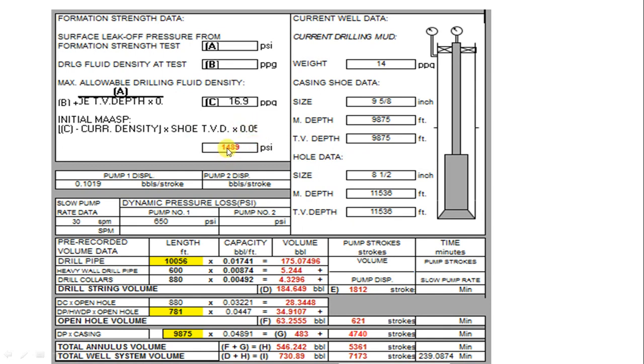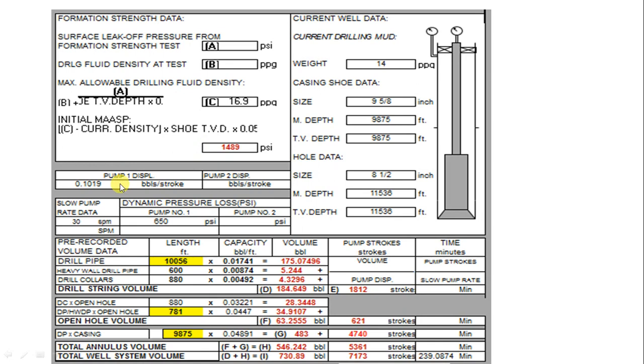It will give you 1489 point something. I'm not calculating it, but you have to round down to become 1489 as it is. Okay, no problem with this. So this is the first requirement.